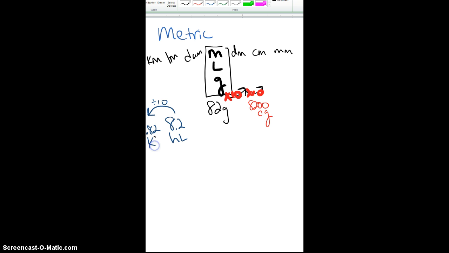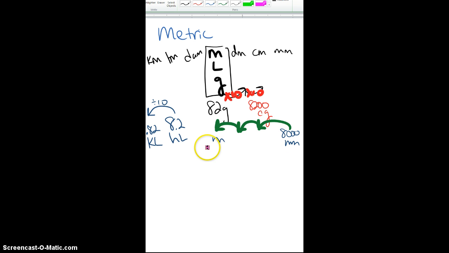If I have, say, 8,000, let's do millimeters, and I want to go to just regular meters, how many meters is that? I can say, okay, there's 1 jump, 2 jumps, 3 jumps. And so my decimal is going to go 3 jumps to the left, so 1, 2, 3.